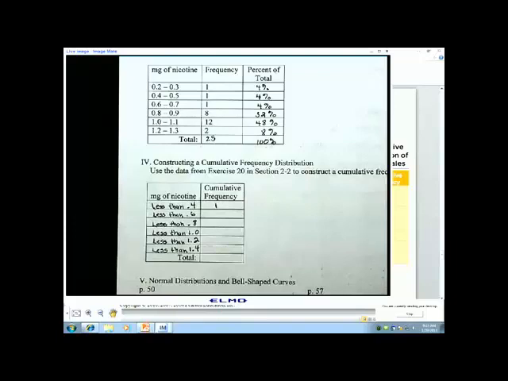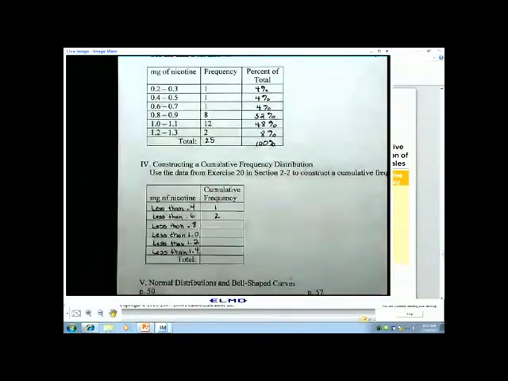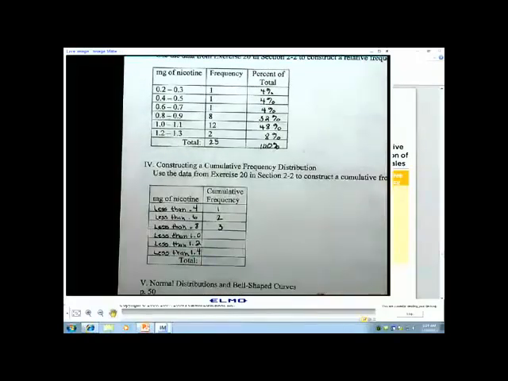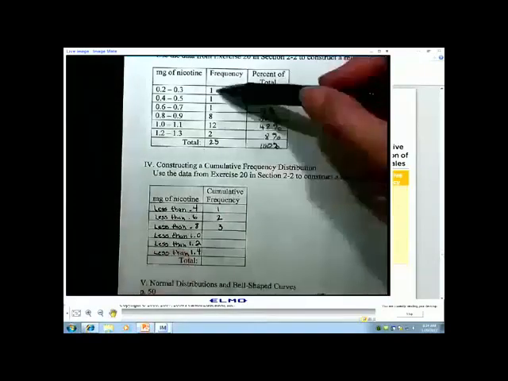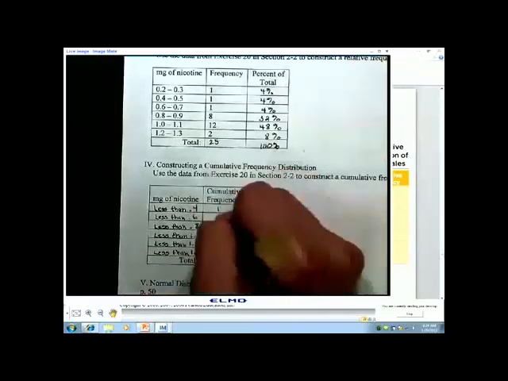There are two lower than that. How many brands had less than 0.8? Well, this one and this one give us 3. How many less than 1.0? These 3 plus these 8 gives you 11.